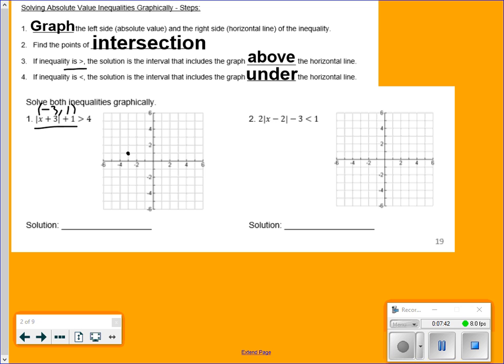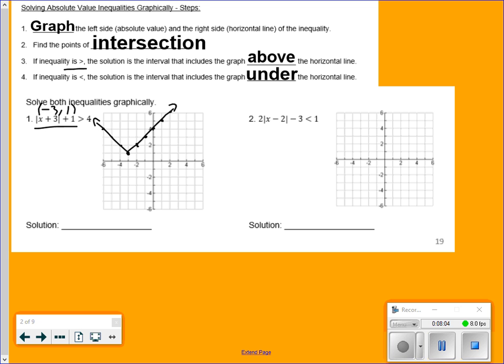So right here. And our a value is 1. We don't have a b value. So our a value is 1. That's our slope. So our graph, it's going to be an uneven V, but it's not a big deal. It's going to look like that.